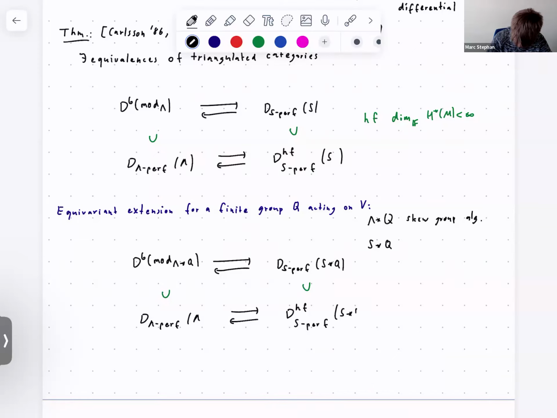And this will give us the equivariant version. So note that we still just ask that the underlying DG modules over S are perfect. And here also that only the underlying DG chain complexes over lambda are perfect.